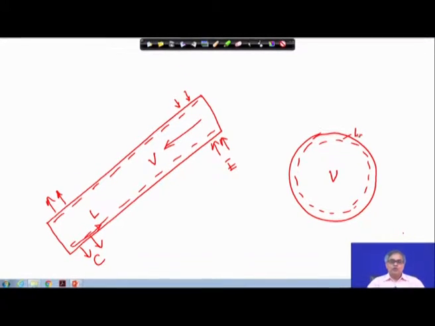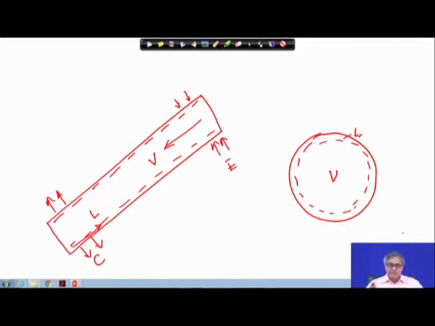So, vapor moves through the core of the heat pipe and liquid moves through the periphery of the heat pipe, where this wick structure or capillary structure is there. So, there is a counter current flow. Vapor moves in this direction, from the arrow you will understand.